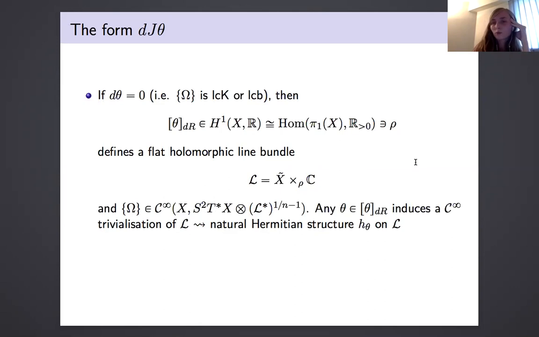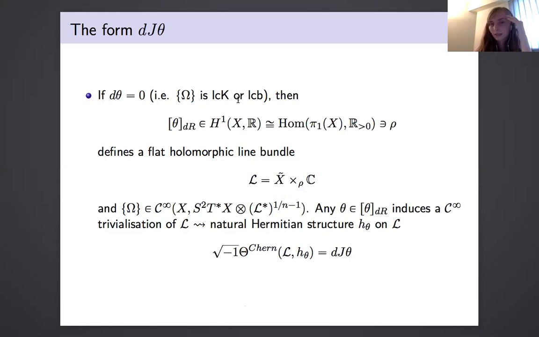And as soon as you trivialize this line bundle by choosing a representative of the de Rham class, you have a natural Hermitian structure on this line bundle. And then you have the Chern curvature of the induced Chern connection corresponding to the natural holomorphic structure and this Hermitian structure. And this Chern curvature is, again, precisely this form.